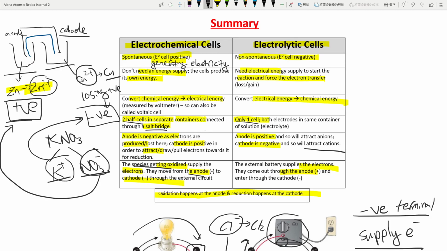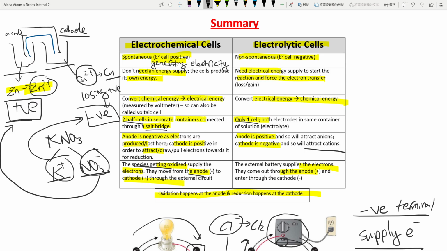Those are absolute non-negotiables, doesn't matter which school you're at. You need to be able to identify and justify your choice of oxidant and reductant. Go back to the electrochemical cells video and use the standard reduction potential values to justify why this particular species is the oxidant.